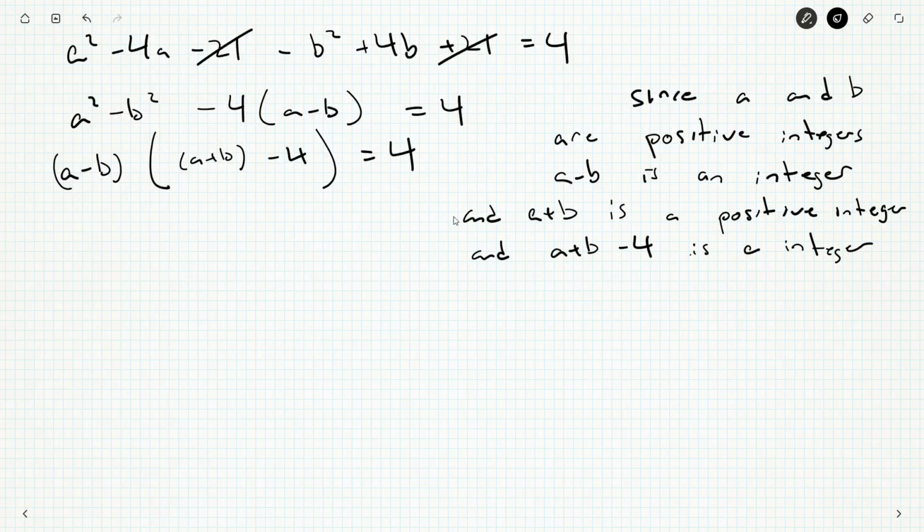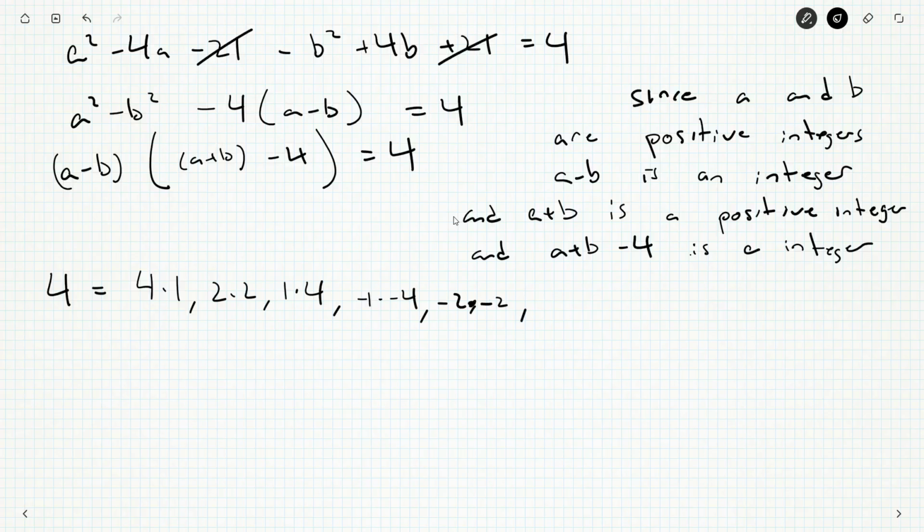And the product being 4, it can only be broken down in certain ways as a product of two integers. So 4 is equal to 4 times 1, 2 times 2. Now I don't know the order here, so we're also going to have 1 times 4. And then negative versions of each of these. And I can probably rule out the negative versions some way, but let's get our whole list first.